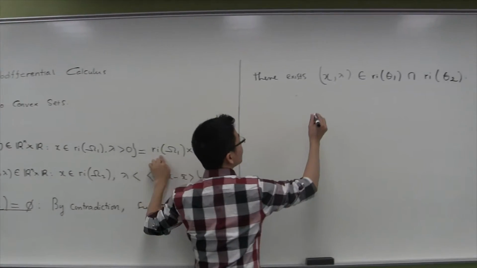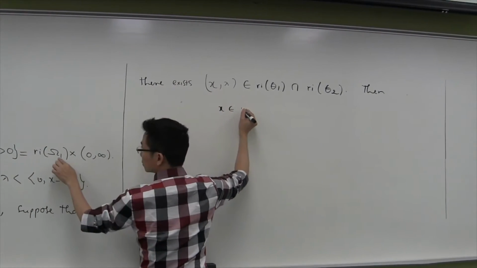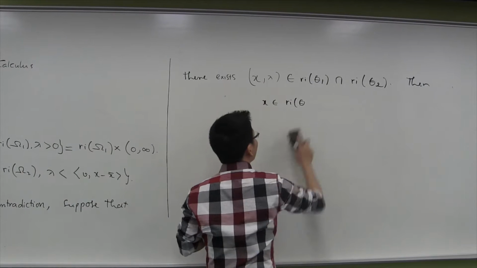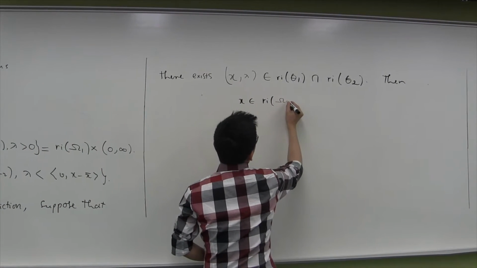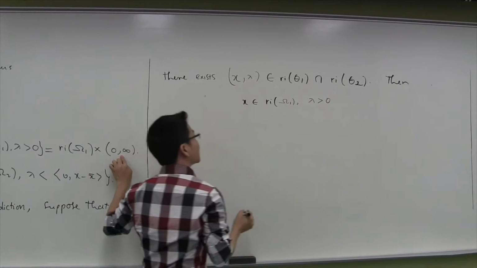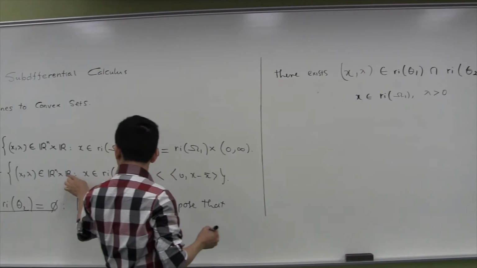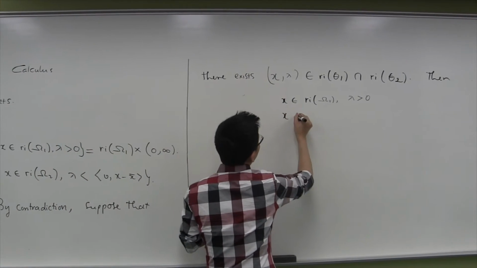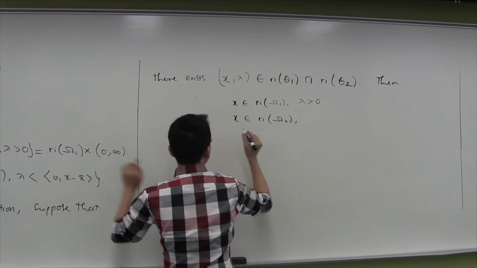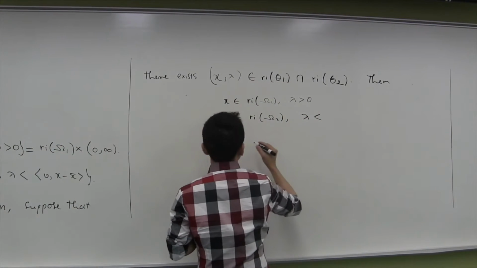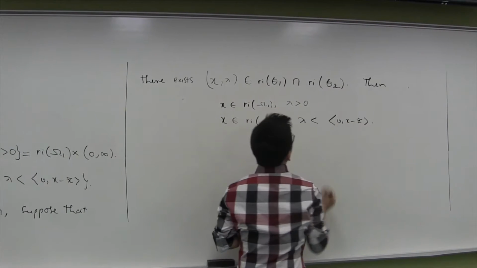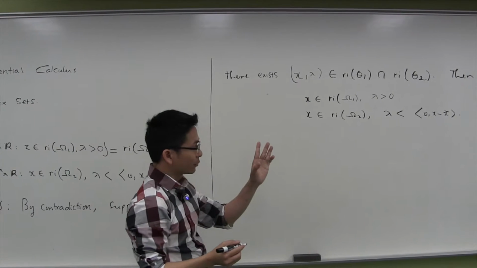Then x belongs to the relative interior of omega 1 and lambda is greater than 0. And also x belongs to the relative interior of omega 2 and lambda is strictly less than the inner product of v and x minus x bar. So from here we have the following.